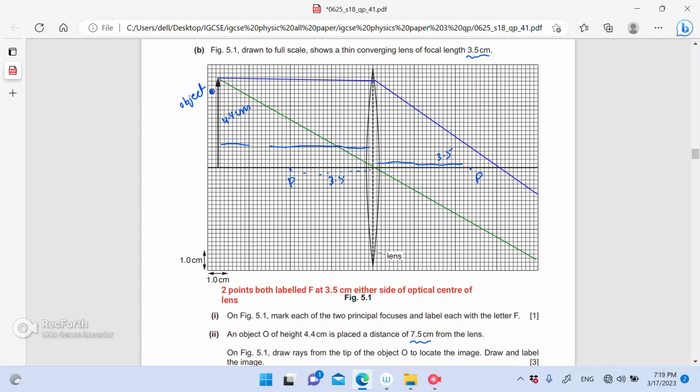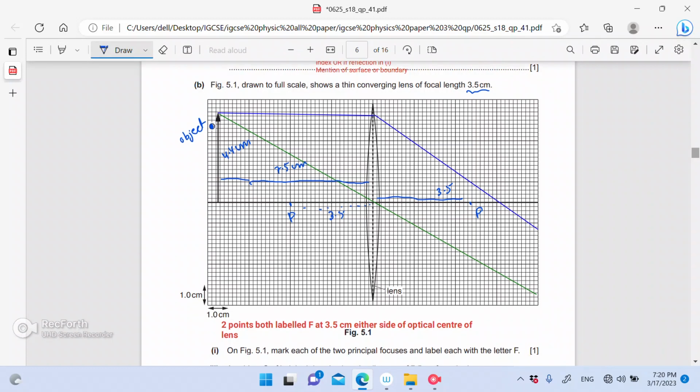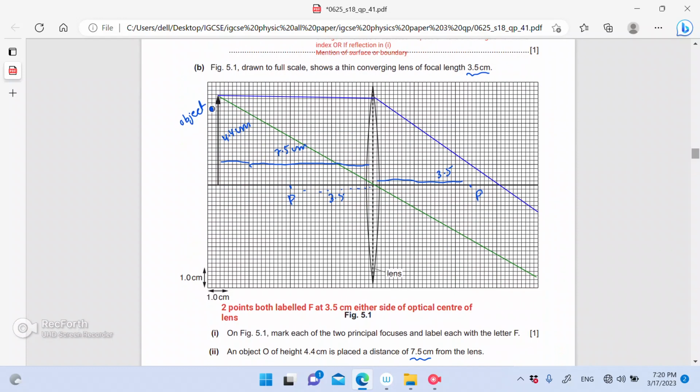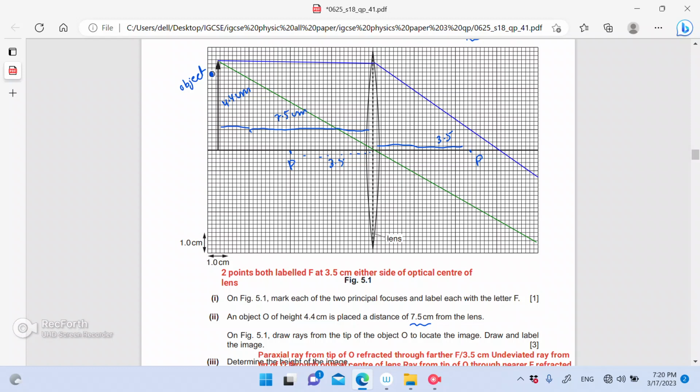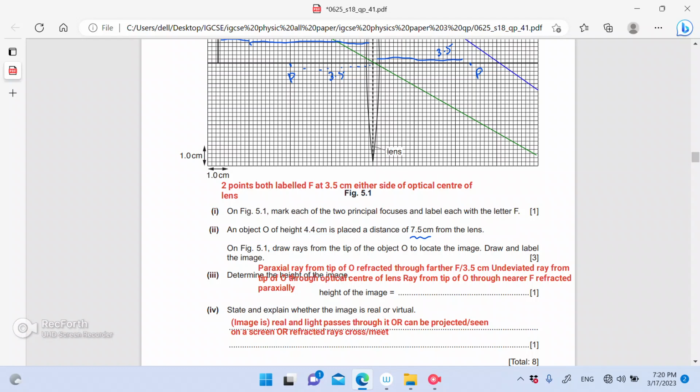So this distance is 7.5 centimeter. Again, don't confuse, the focal length is the distance from the lens and the image. Okay, so they are talking about two principal focuses, not about the focal length. They are talking about the principal focuses and label it with F. We did that.